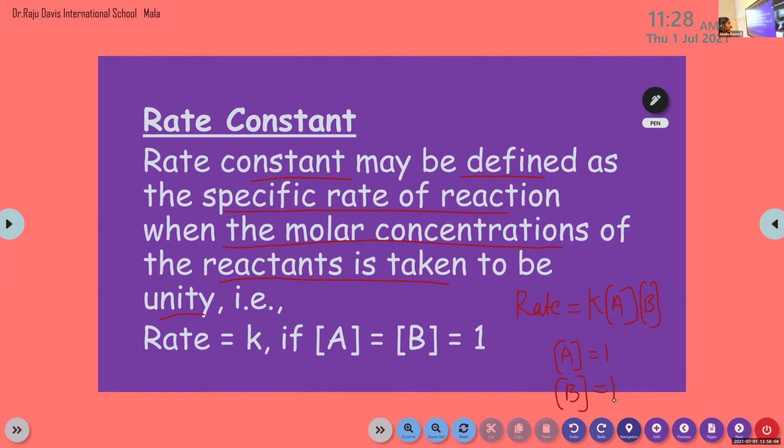That is, rate equals K if concentration of A is equal to concentration of B is equal to 1.